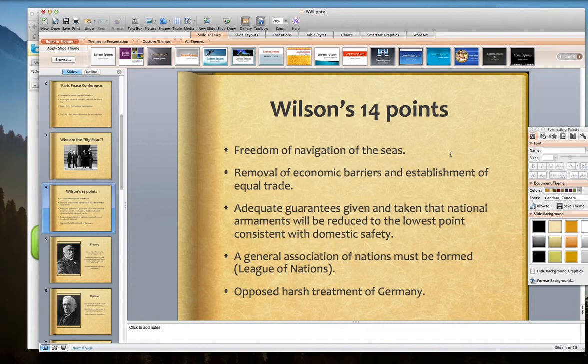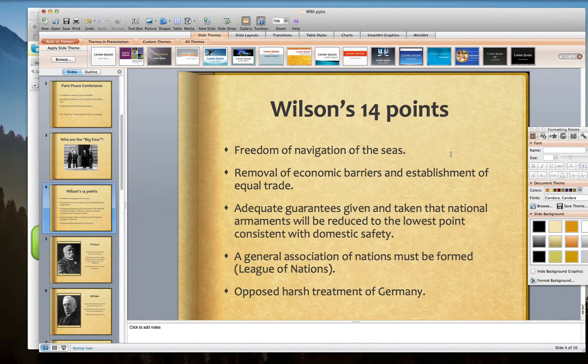Some of them were freedom of navigation of the seas, removal of economic barriers, and establishment of equal trade. Adequate guarantees given and taken that national armaments will be reduced to the lowest point consistent with domestic safety. So pretty much to where countries can protect themselves but not cause invasions and take over territory.